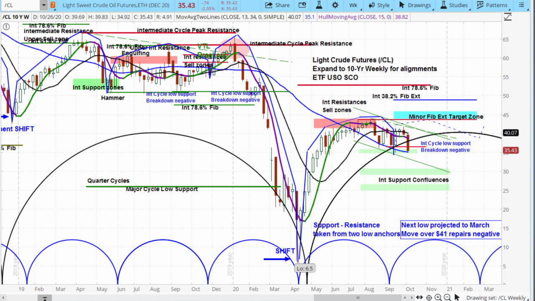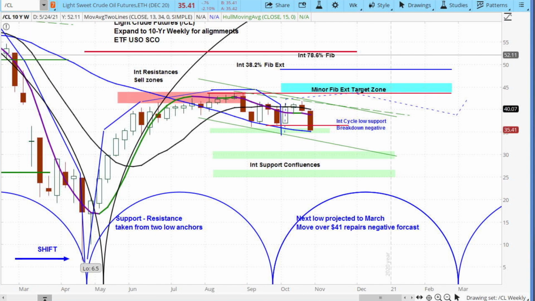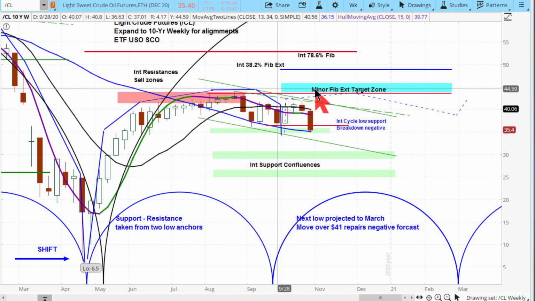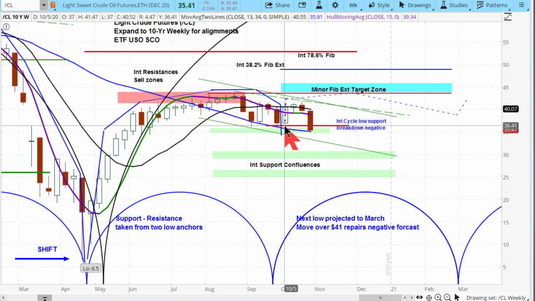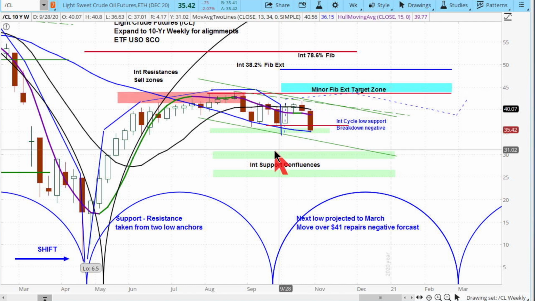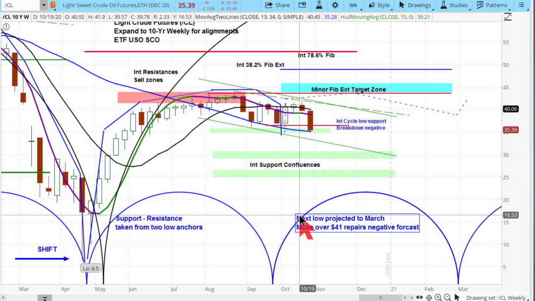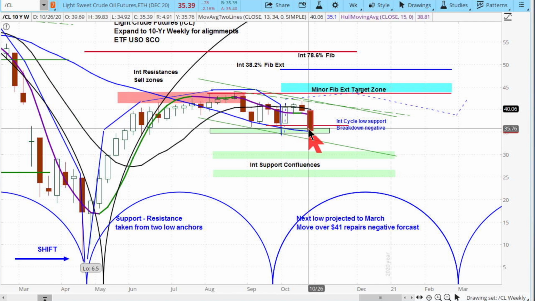What we have here is a very negative occurrence. Now, my analysis before this was that we would see a test of these highs and move into the fib extension target zone. That would have been about a 70% probability of that happening until this week. Now what we had was the low made, the rally come in this rising zone, and then a breakdown underneath this key low. What that sets up is a pretty negative condition right now.